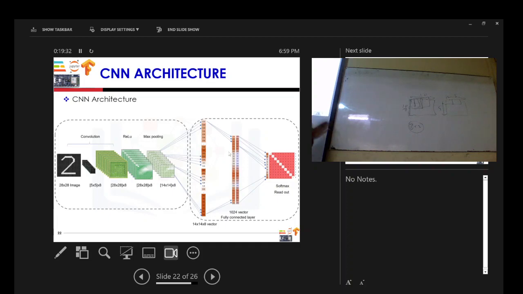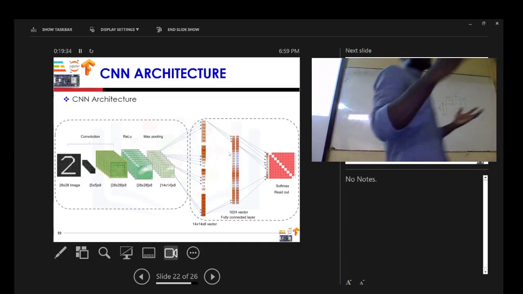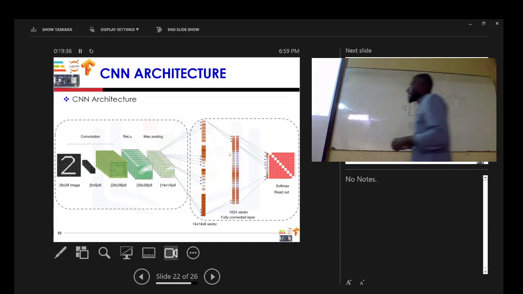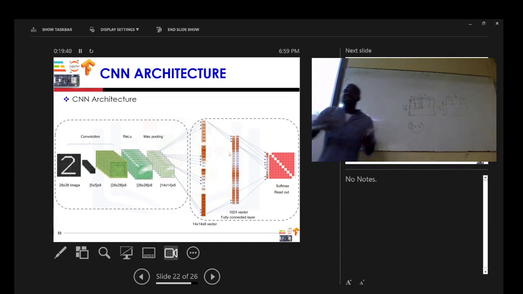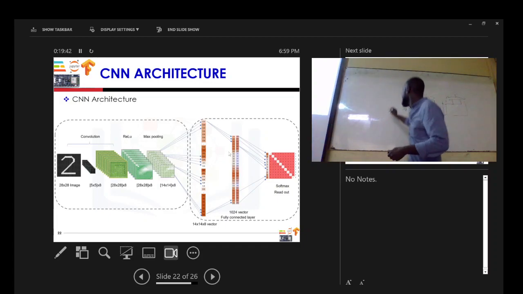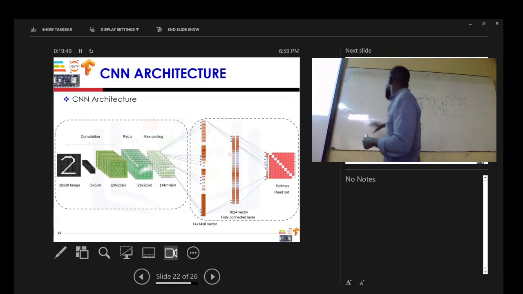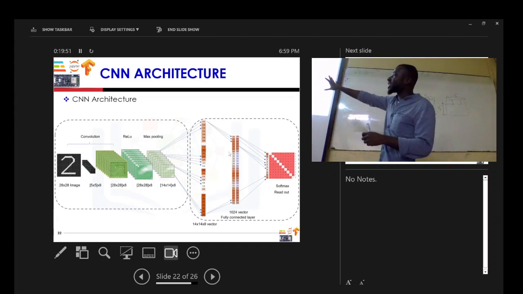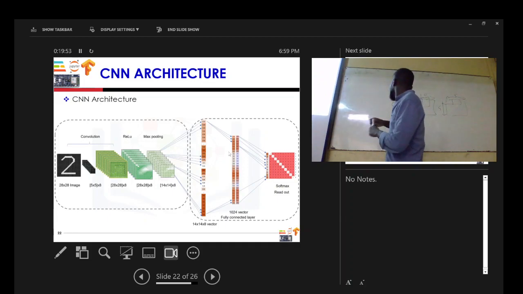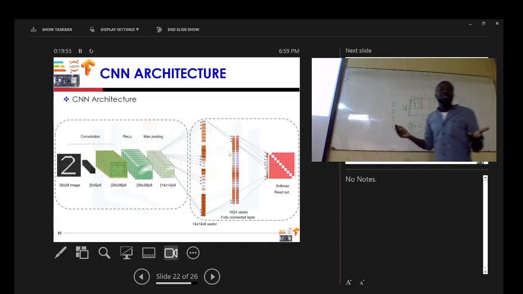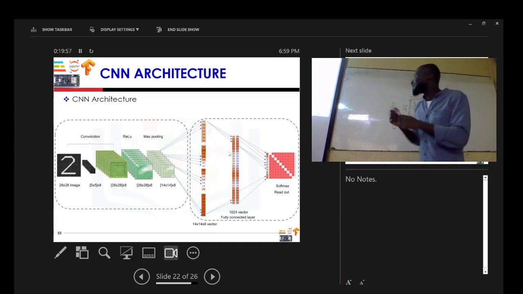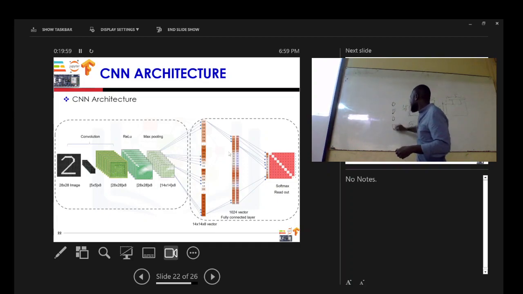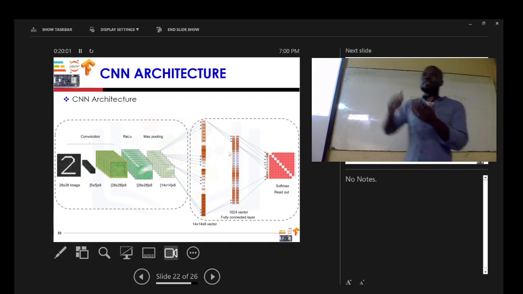You must remember that you are still doing classification. So you now need what is known as the fully connected layer. The fully connected layer is just like the dense layer, those neurons. After you've gone through the convolution and then the max pooling, you need to pass that max pool data through a fully connected layer. First of all, you have to flatten your image.